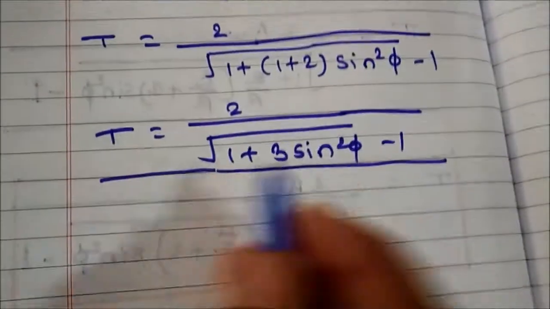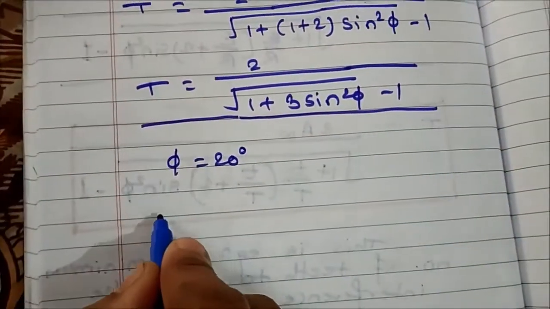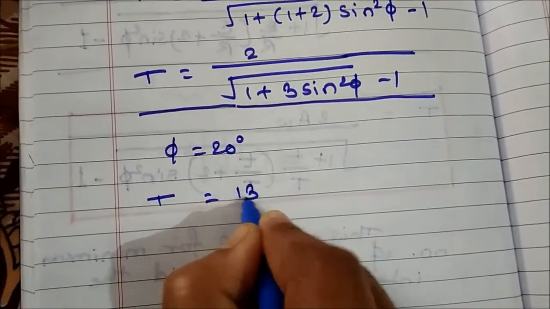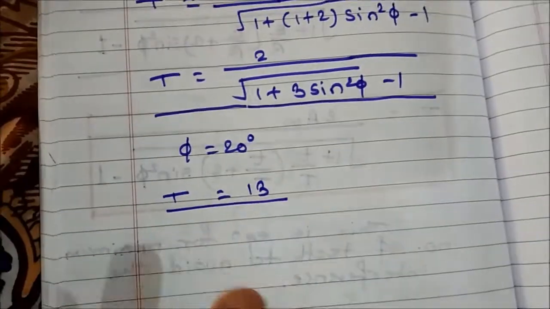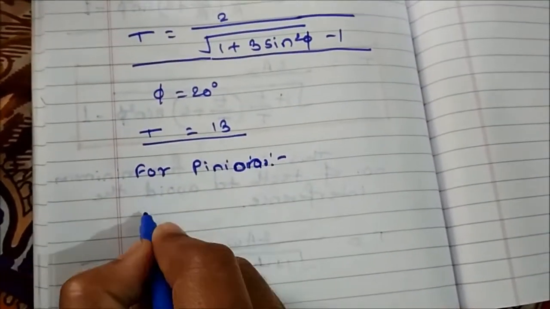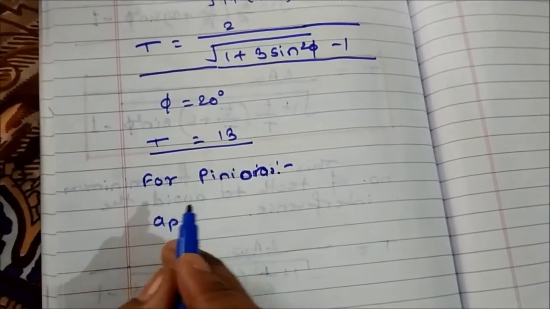Similarly, when we consider pressure angle is equal to 20 degrees, let's put that value of 20 degrees over here. We'll get minimum number of teeth approximately equal to 13. Now in a similar way we are able to calculate minimum number of teeth for the pinion. So instead of AW we'll put AP.